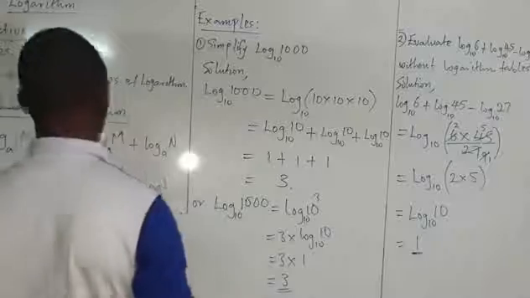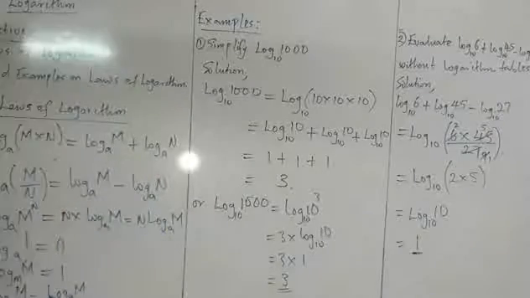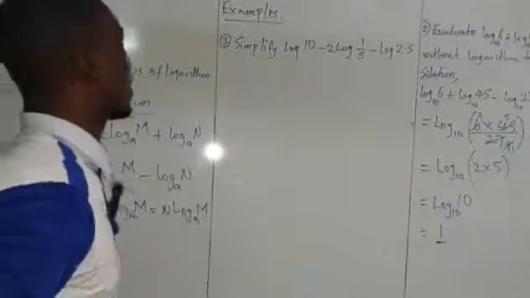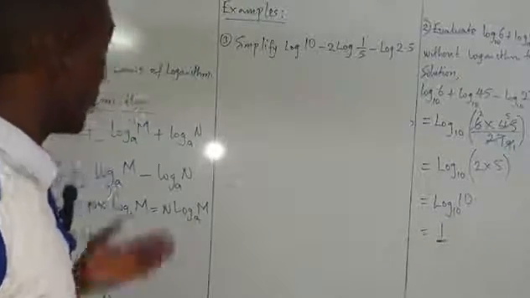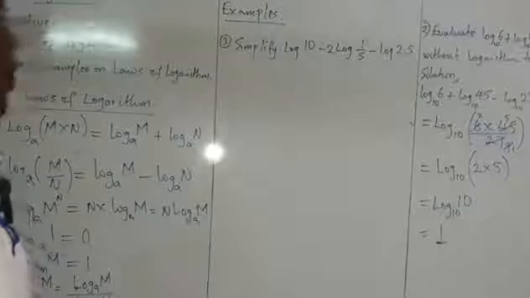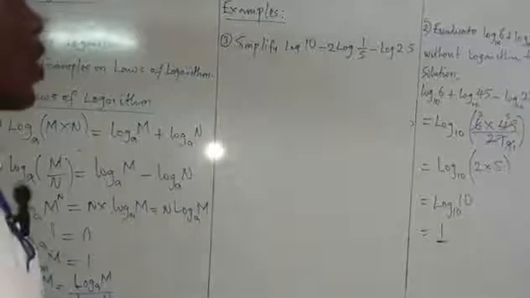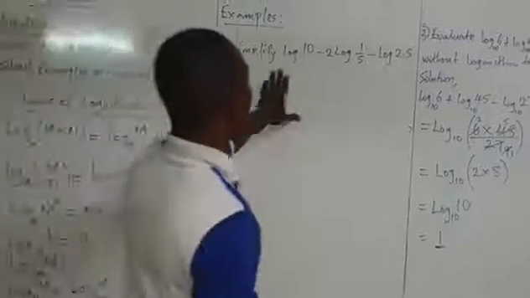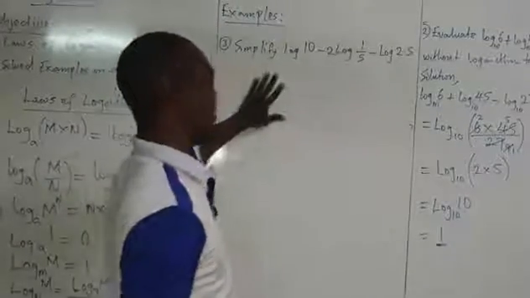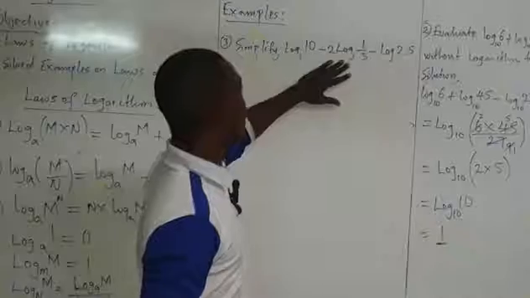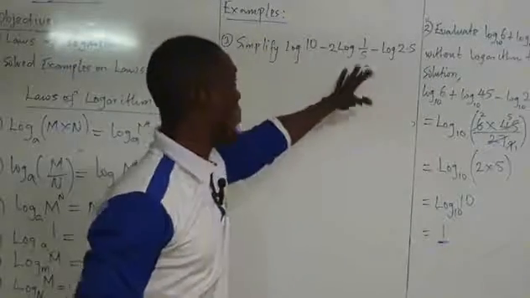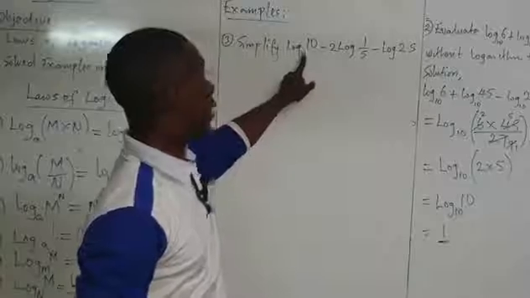So let me give you another example. The question says, simplify log 10, no base there, minus 2 log 1 over 5, minus log 2.5. So if you have a question like this, it's automatically in base 10. So if you are given any log without a base, in this form, the base here is base 10.